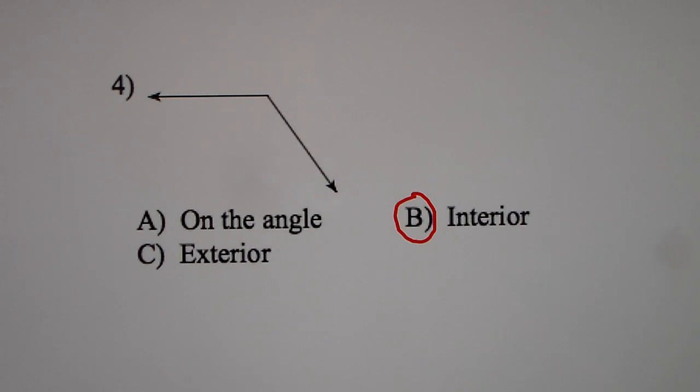Let's say we have another point here. That blue point, to give you an example of an exterior, so it's on the outside. This point here in blue, that's an exterior point. This point over here, that's on the outside of the angle, so that's another example of an exterior point. So in this case, these two blue points are on the exterior.